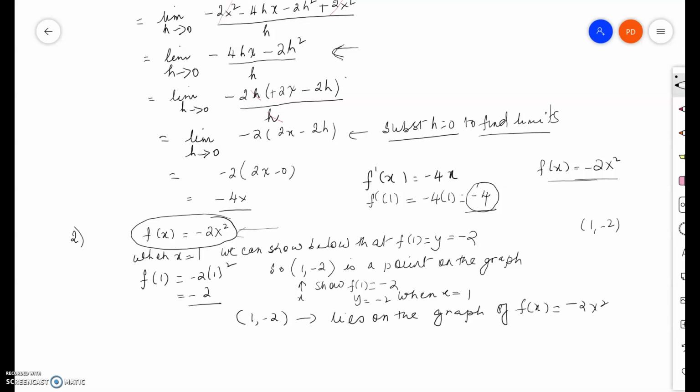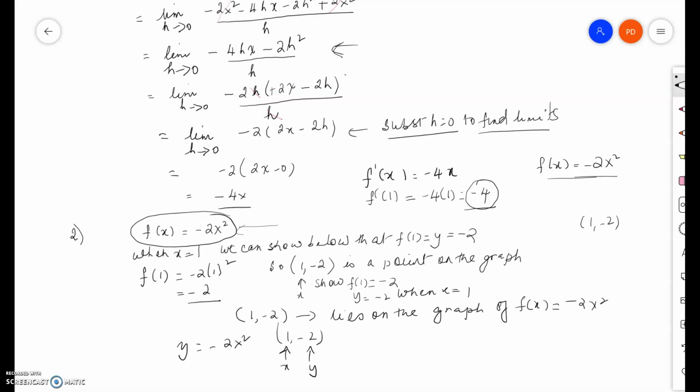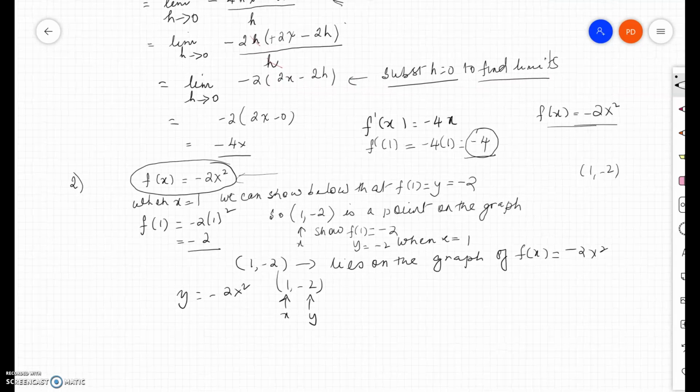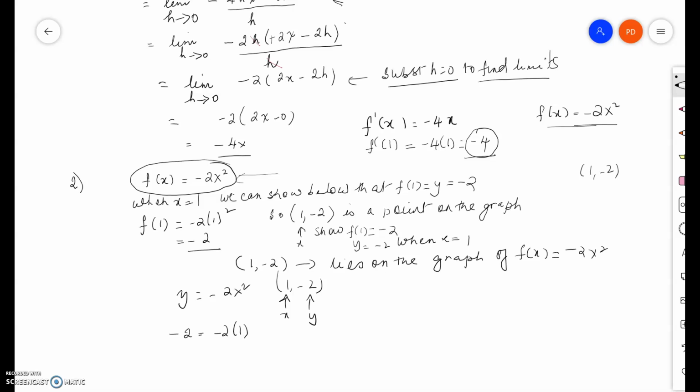Okay, so the next method by which we can prove the same thing is by writing y equals -2x squared. Since we're trying to prove that (1, -2) is a point on the graph, plug in x equals 1, y equals -2. So once we plug that in, -2 is equal to -2 times 1.